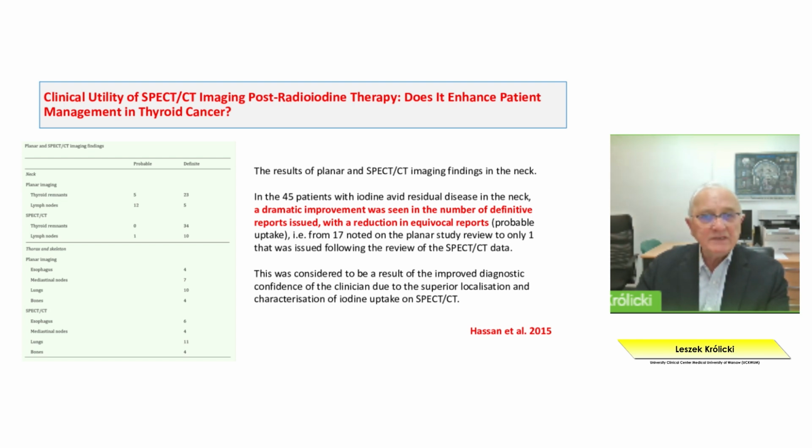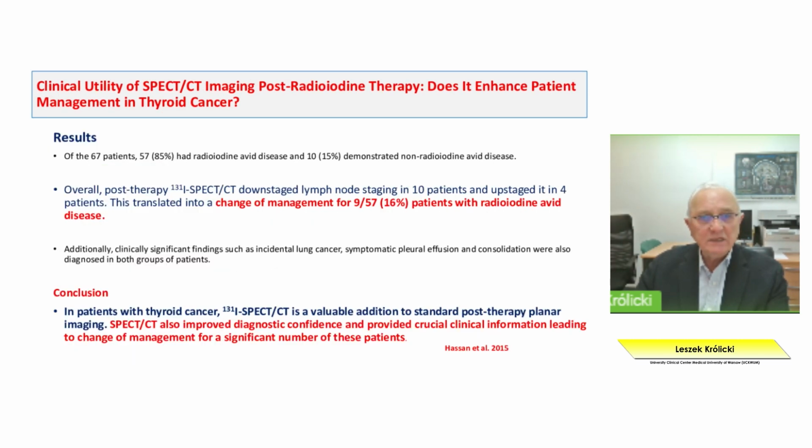Another example from the same group, well, ladies and gentlemen, these data show that the number of results is dramatically higher. And now I would like to sum up this group. So it seems that the utility of SPECT CT imaging has positively influenced the treatment approach in 85% of the patients compared to non-hybrid examination.